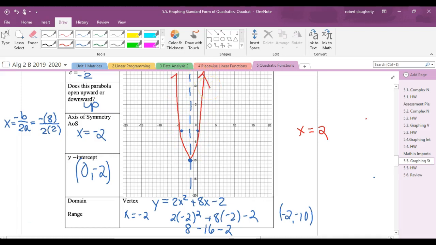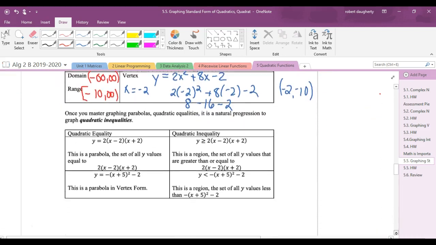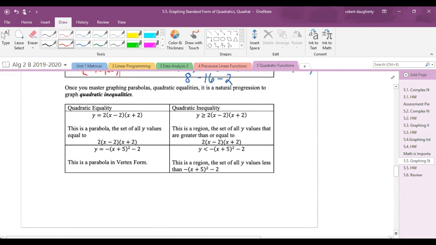Okay. What is the range of this function? Yeah, negative 10 to infinity. And domain is the broken record, negative infinity to infinity for all these guys. Okay, that's probably the one that, like I said, you have to do work because it doesn't tell you as much when you see this.